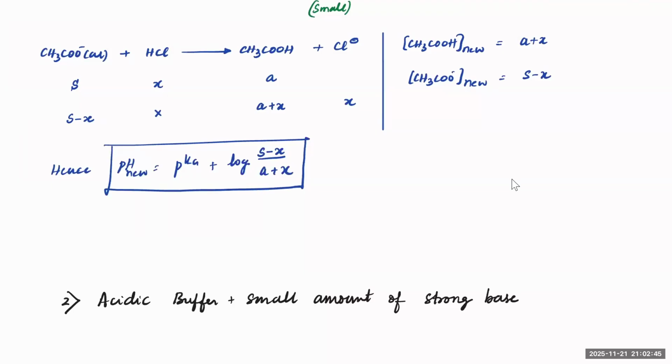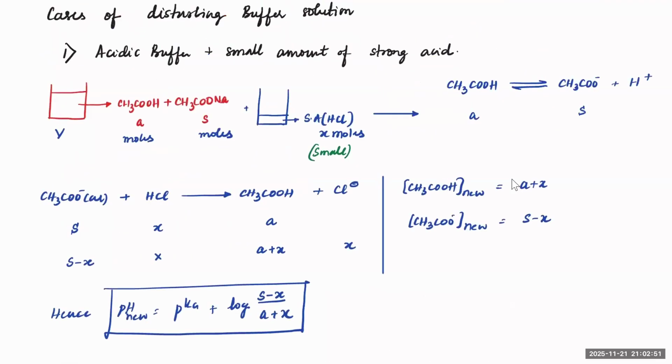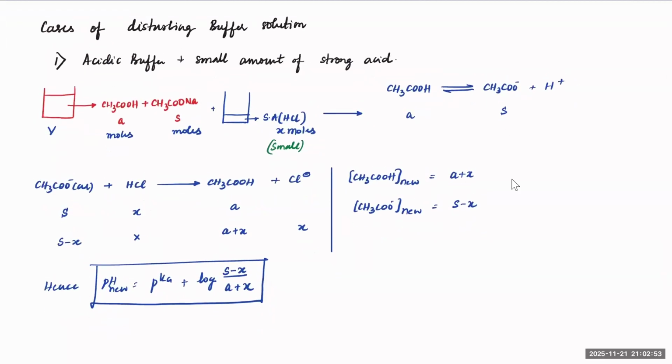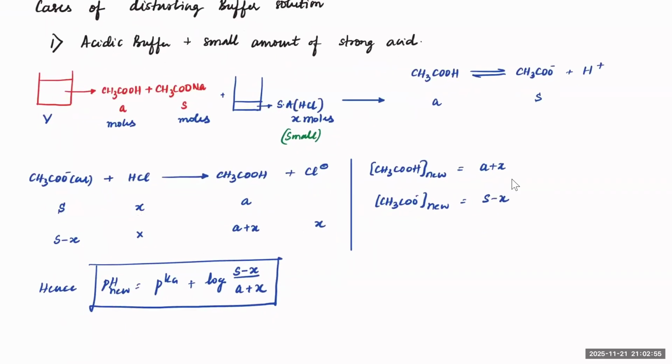As compared to that of the old pH. The difference in the new pH and old pH will be a very small amount, but this will be the new pH formula. Clear, everybody? Okay, just make a note.